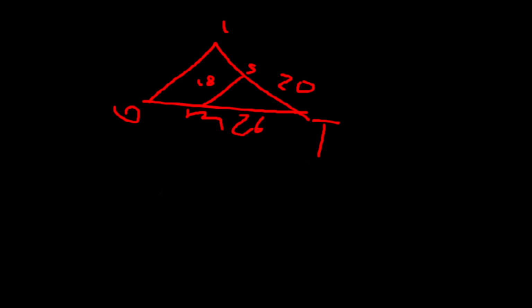Okay, I got it. So it says that MS, which is this part, is a mid-segment of the base. So that means this part is half of the base, and the base would be over here. Since it's the mid-segment, meaning half of it, this has to be 36 because it's 18 times 2.